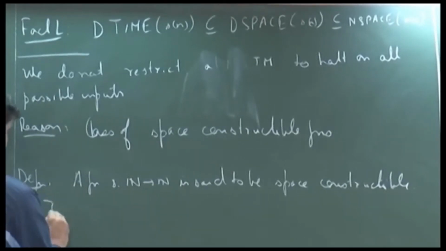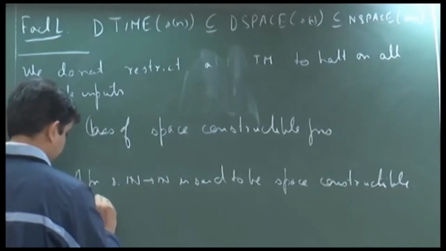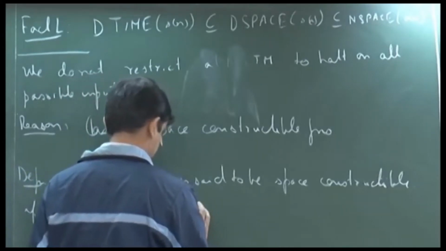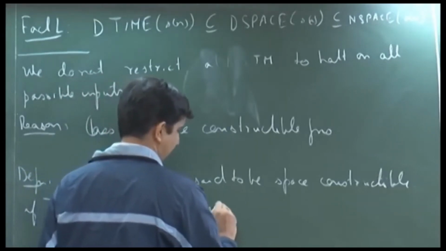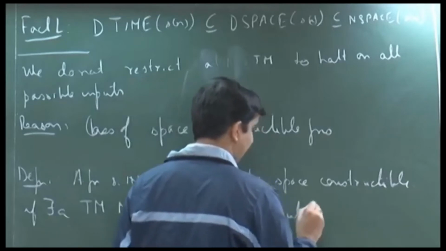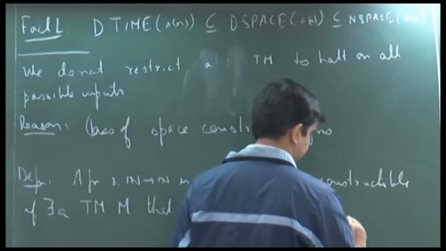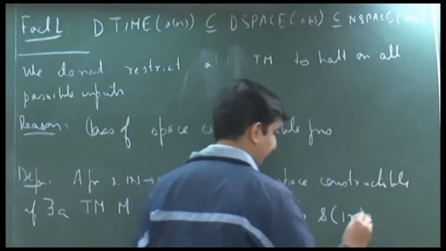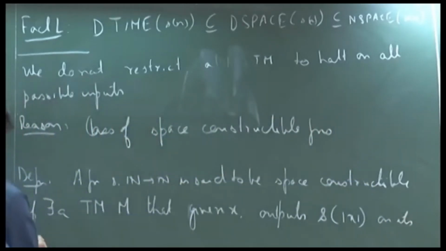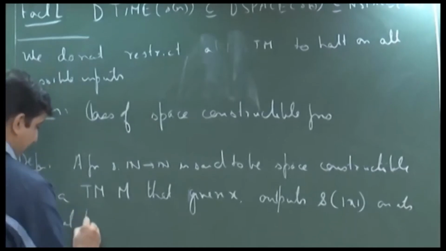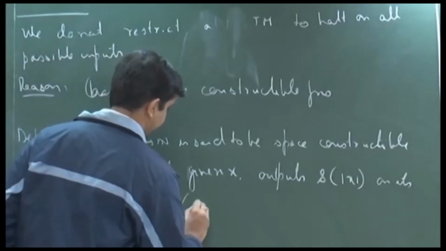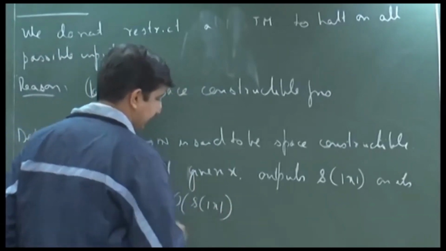If there exists a Turing machine M that given x outputs s of x on its output tape, using order of s of x space.